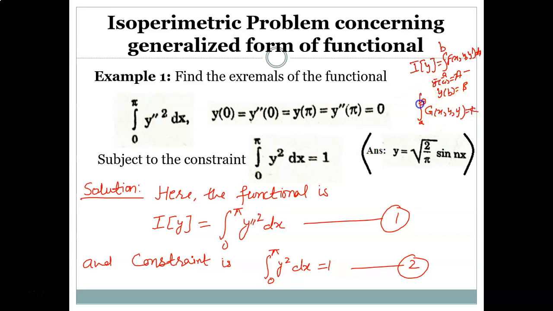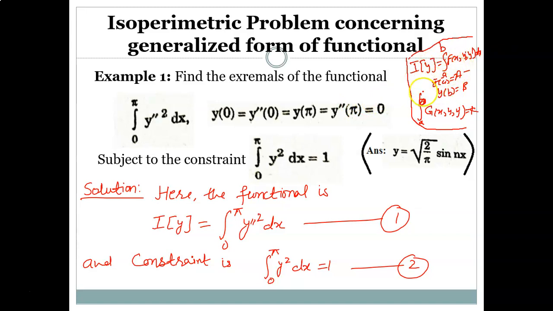So that was the case we have already discussed for the isoperimetric problem, where there was the involvement of the first derivative and y as a function of x. Now we have already discussed certain generalizations of this form, either involvement of higher order derivatives, or involvement of more than two dependent variables, and lastly we have discussed the involvement of two independent variables.